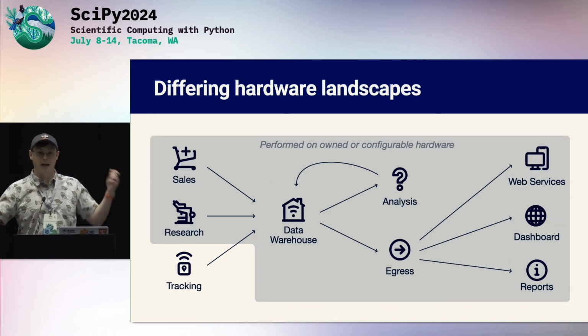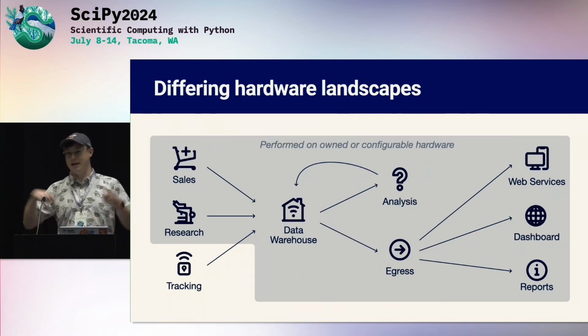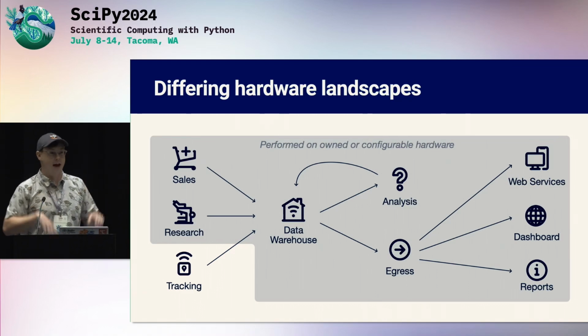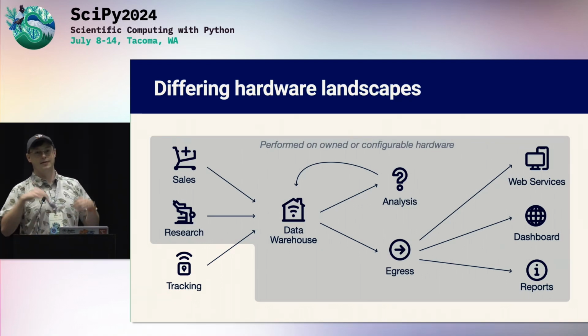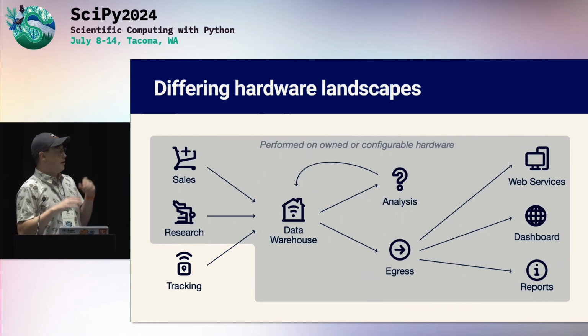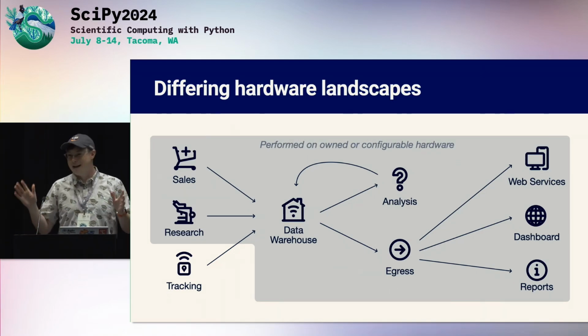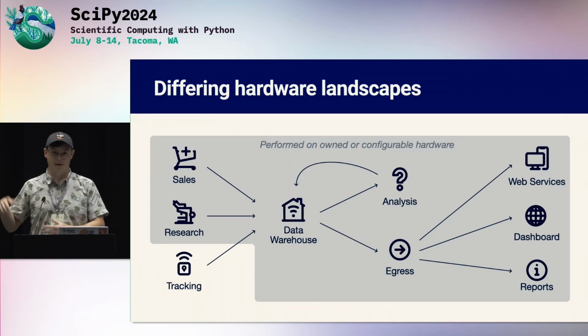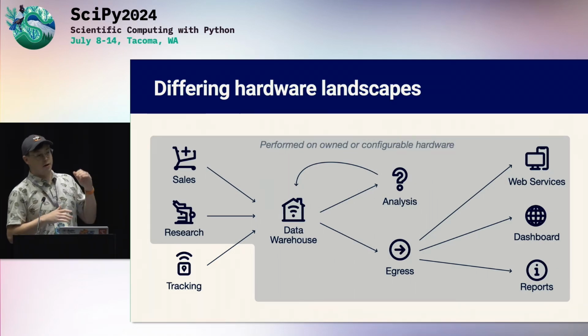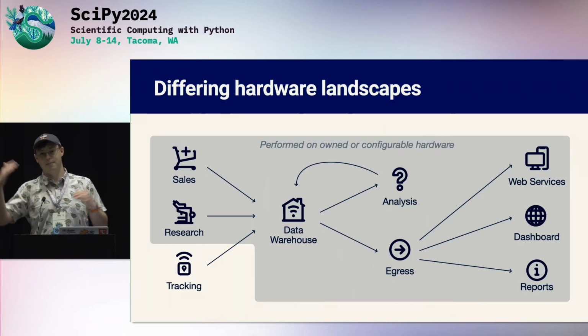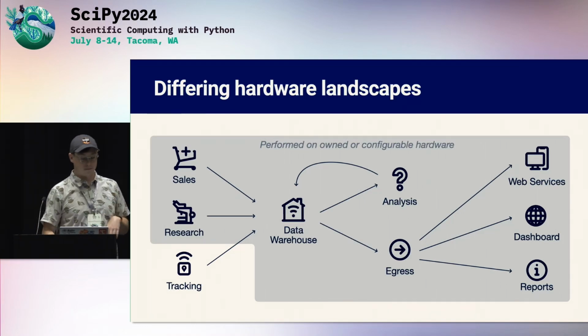So you can build a data lake or a data warehouse in S3, put all your stuff there, do co-located analysis, make everything happen. You control all of that. And if Amazon says, we're going to charge you $1 billion a year, you can say, well, no, I'm going to go to Azure or something, right? And you can build up your software stack with your hardware stack and make those kind of scale together.